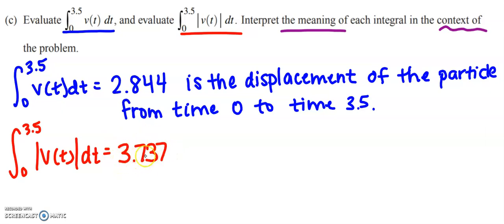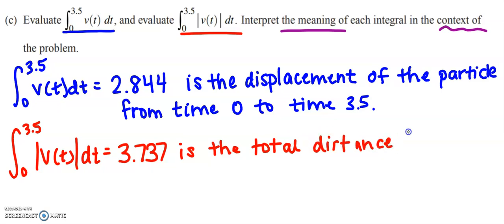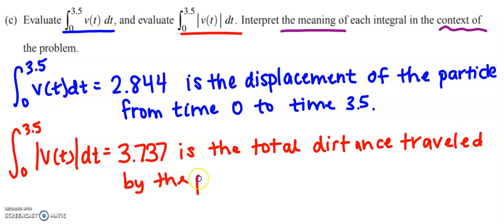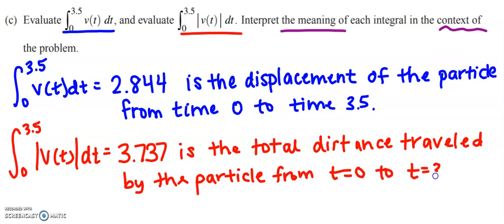So 3.737 is the total distance traveled by the particle from t equals 0 to t equals 3.5.